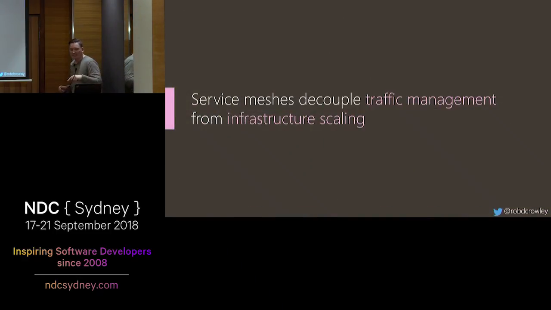So a key point here is service meshes enable us to decouple traffic management from infrastructure scaling. Kubernetes gives us absolutely amazing abstractions at the infrastructure layer. If Docker abstracts us from the operating system, Kubernetes abstracts us from the entire infrastructure layer. I can take one workload in one cloud provider and run it on another cloud provider.